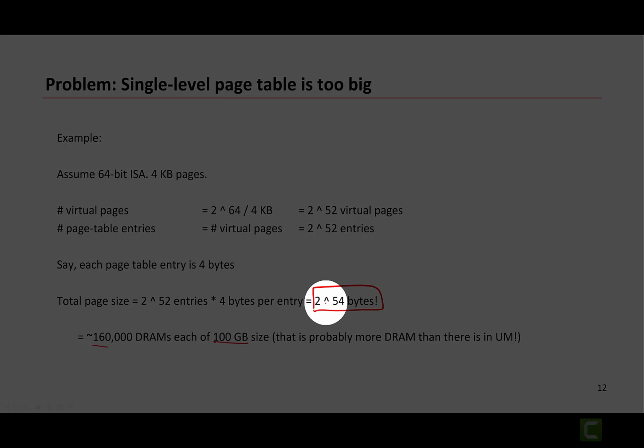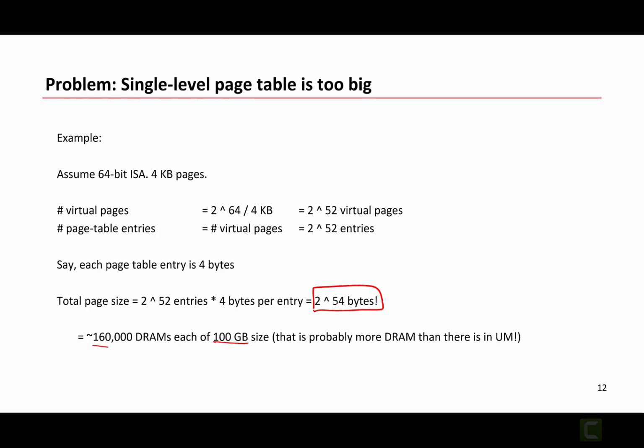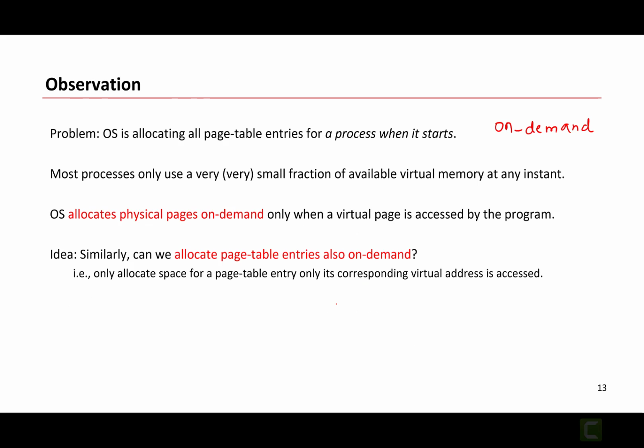Instead, we are going to try and allocate the space on demand as and when a program needs more pages for its data. So the idea of on-demand paging, we are going to not only apply it for data pages, but we are going to try and apply it for page tables that maintain that translation as well.